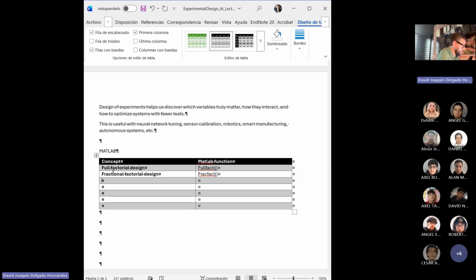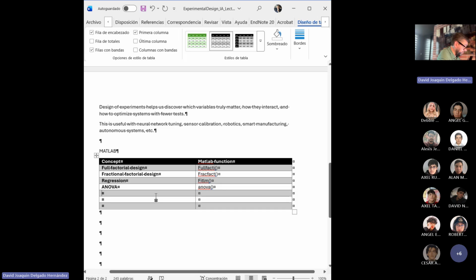Then the regression command is fitlm, and you open and close parentheses. The ANOVA, which is the analysis of variance, is just like that, anova, and you open and close the parentheses. This is the MATLAB case.